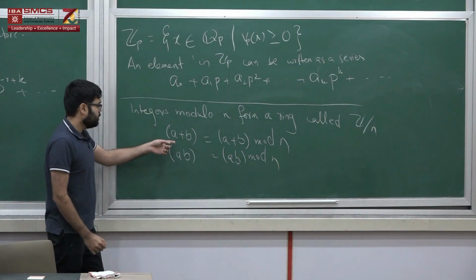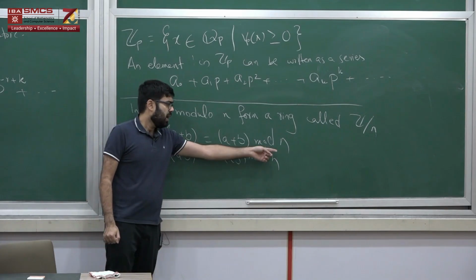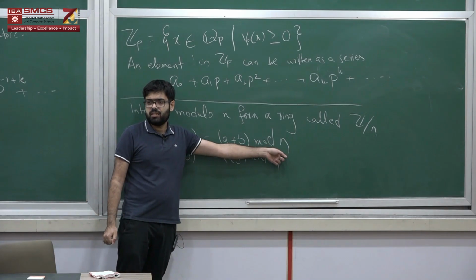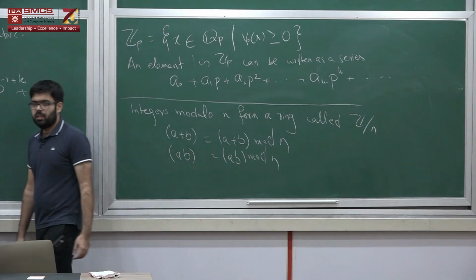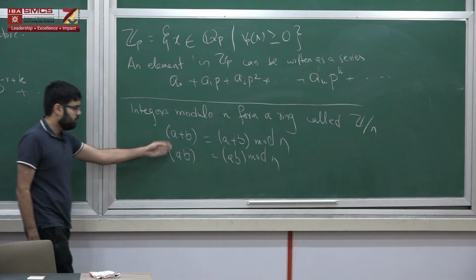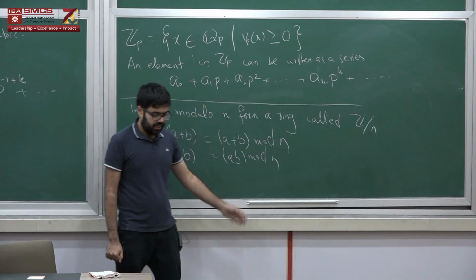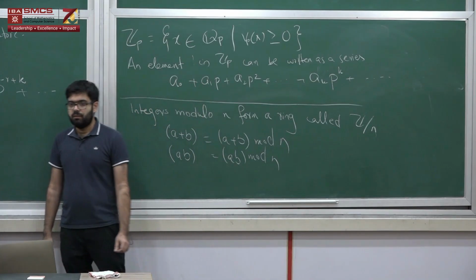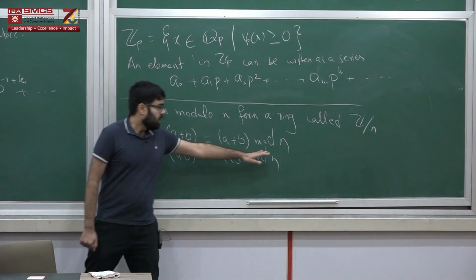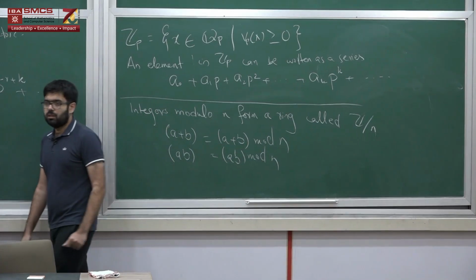I can think of them as integers, but I identify all integers which differ by a multiple of n. So, I can think of this as integers, but with an equivalence relation which says that all multiples of n are equivalent to 0.